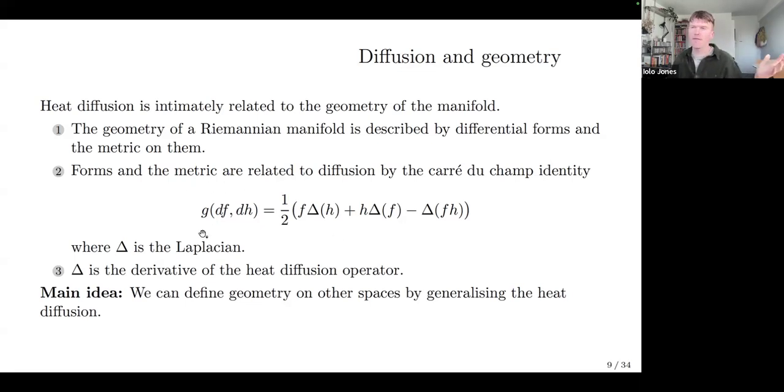And on the left-hand side, you have geometry and topology and all the stuff that you'd like to be able to define expressed through the metric and the forms. So by exploiting this relationship, we can use heat diffusion as a general framework for measuring and defining and computing geometry by plugging stuff into the right-hand side of this and using it to get the stuff on the left.